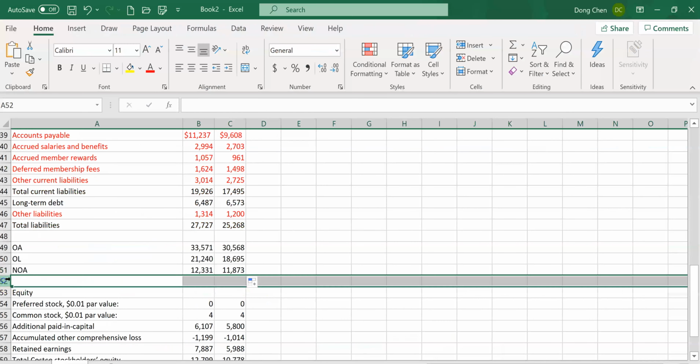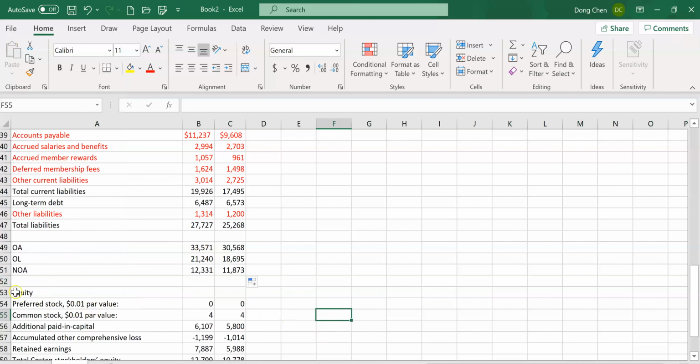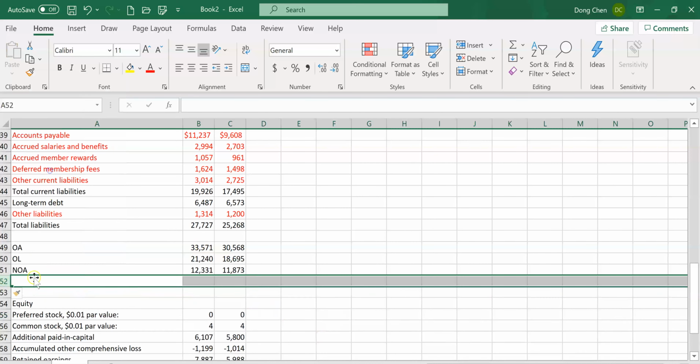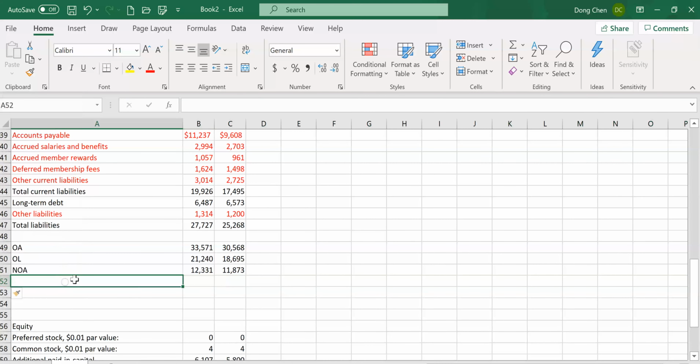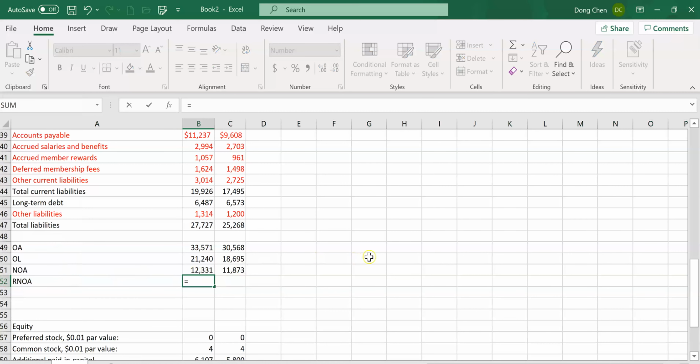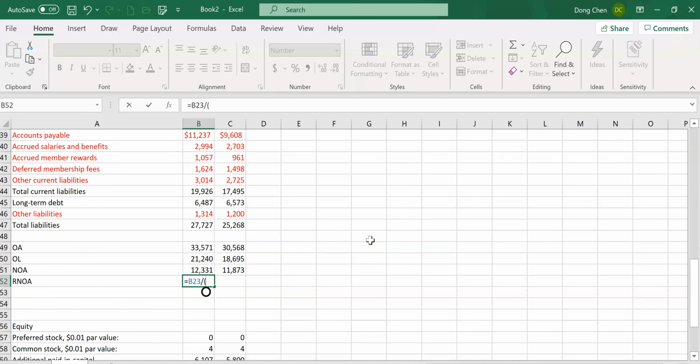RNOA, let me add some more rows in order to give more space. Okay, so return on net operating asset, this is simply equal to NOPAT divided by the average level of these two NOA.